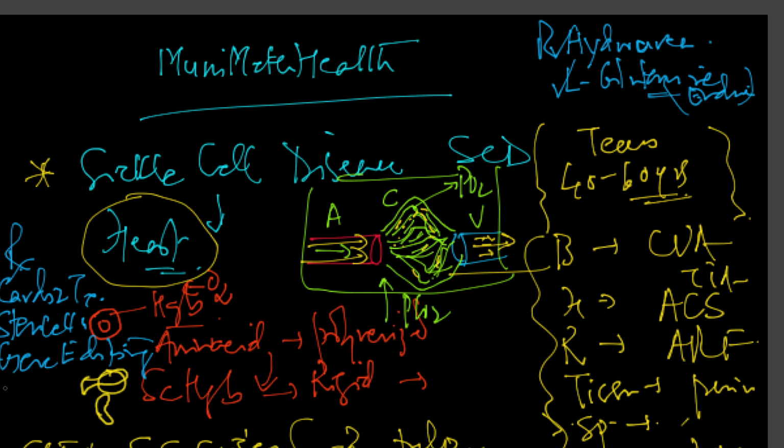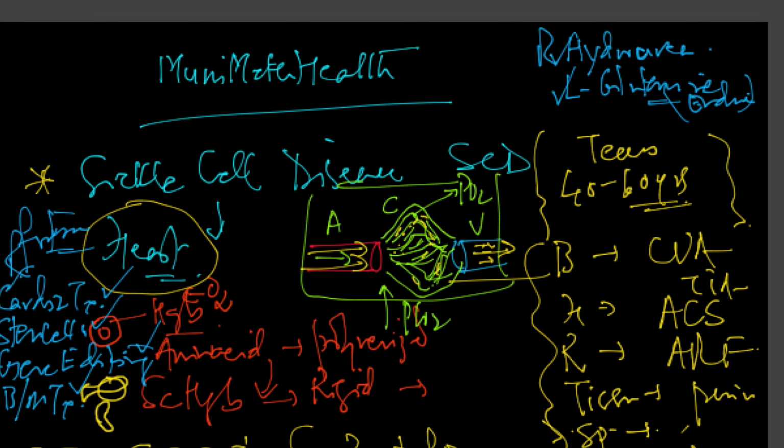And then bone marrow transplantation as well has a huge role. So cardiac transplantation, stem cell transplantation, gene editing, and bone marrow transplantation are some of the future investigational research areas where sickle cell treatment policies and strategies will probably be dictated in the next decade or so, in the current decade also.